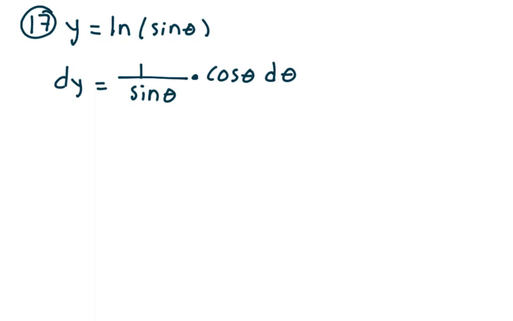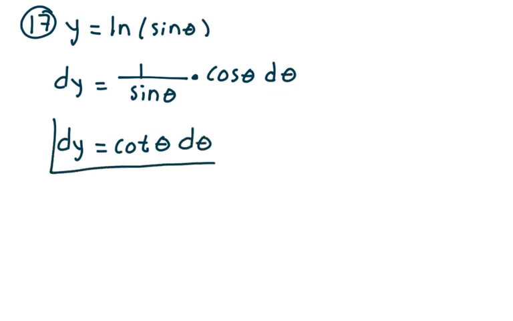Okay? And so dy is, now cosine theta over sine theta is cotangent theta. So we get dy is cotangent theta d theta. And that's the differential for the function y equals natural log of sine theta.